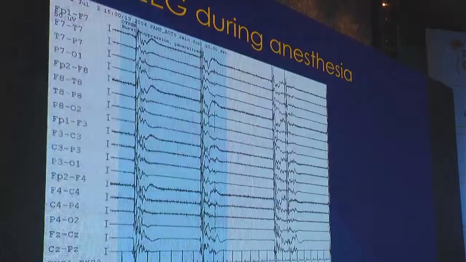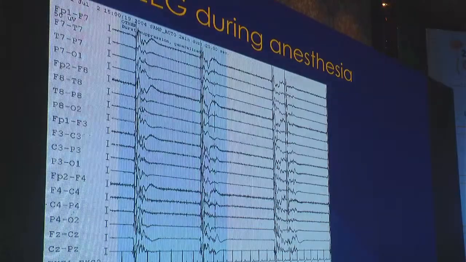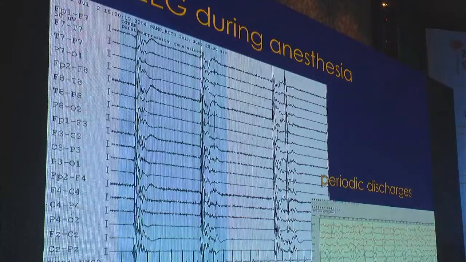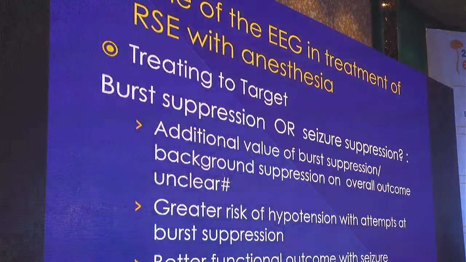So the next question is, when you're using propofol or thiopentone, what is the end point that one is looking at? You could look at getting burst suppression coma, or you could just look at suppressing seizures. There has been some debate on what is better to do. Earlier we always believed that burst suppression coma is necessary and we need to maintain it for 48 hours at least.